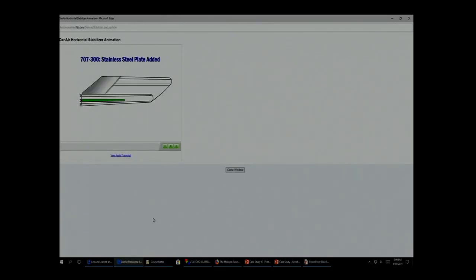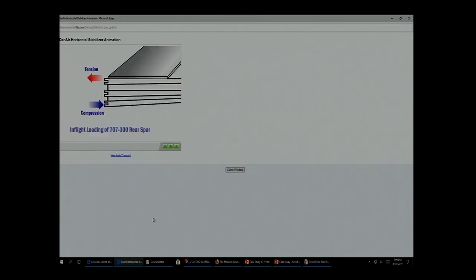To increase torsional stiffness of the 707-300 horizontal stabilizer structure, the lower surface aluminum skins were increased in thickness, and stainless steel plate replaced a portion of the upper surface aluminum skins. Normal flight loads of the horizontal stabilizer of the 707-300 are carried only in the upper and lower cords, much like the original two-cord stabilizer design of the earlier 707 models.